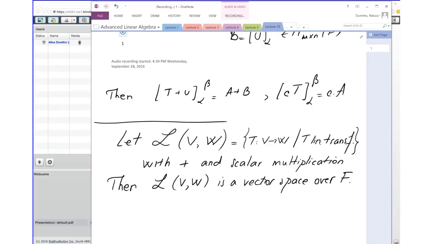Let's see, there were 8 things in there, right, in the definition of the vector space. So other than closure, which we quickly went through, what else do we need to be a vector space? So 0, right? What would be a 0 for this vector space? It has to be a transformation that would act like a 0.